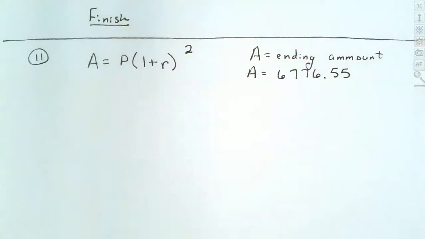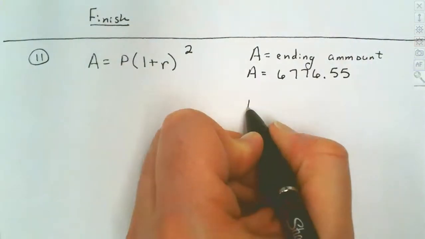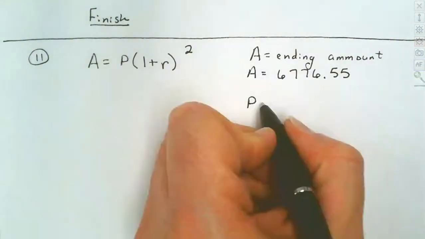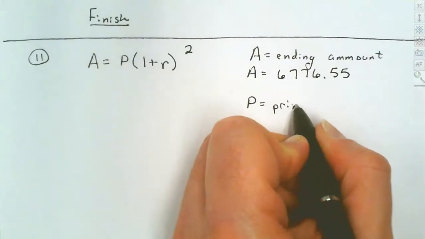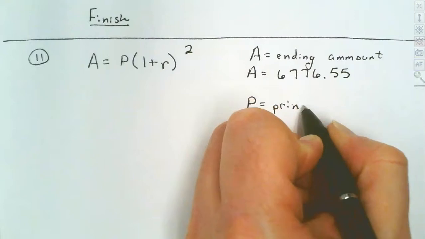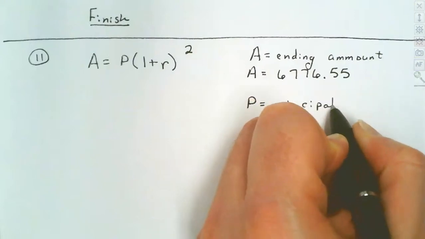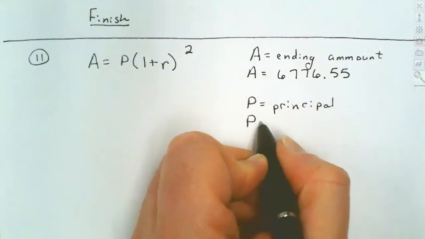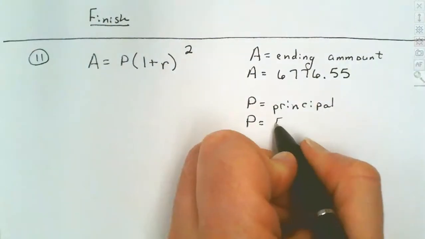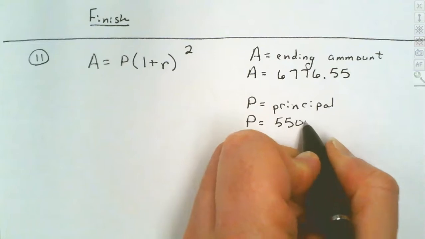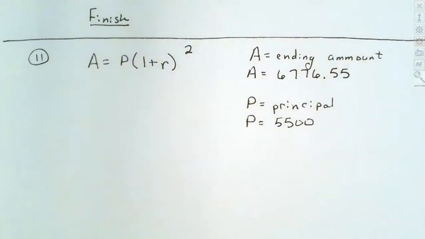So that is going to be your A. Now, what about the P? P is the principal or the starting amount. So how much money do I start with? Well, it looks like I'm going to start with $5,500. So that's going to be my P there.